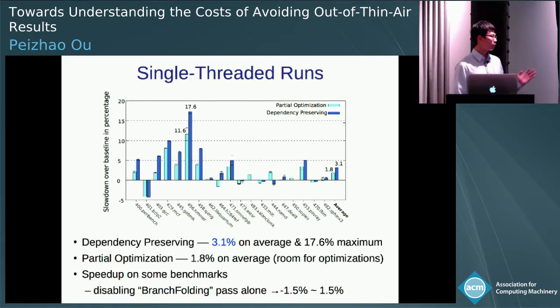Now, we also observed speedup on some benchmarks. The likely explanation here is that some optimizations may counteract the effect of other optimizations. And one supporting observation here is that simply disabling the branch folding pass alone would yield nearly 1.5% speedup in some benchmark.